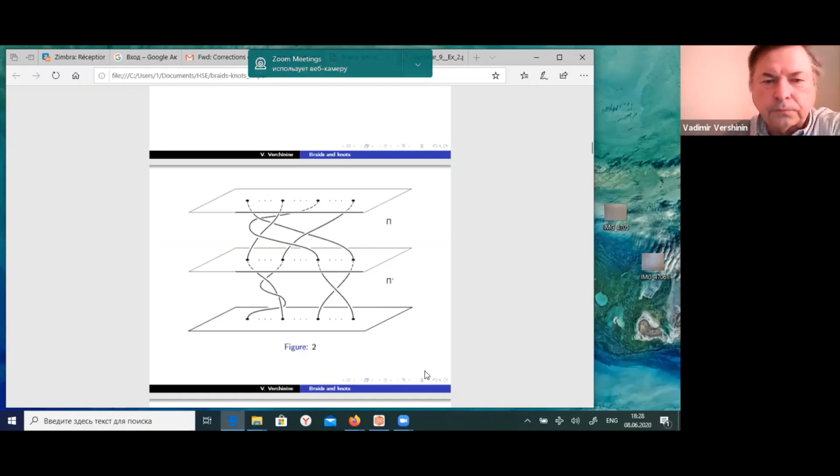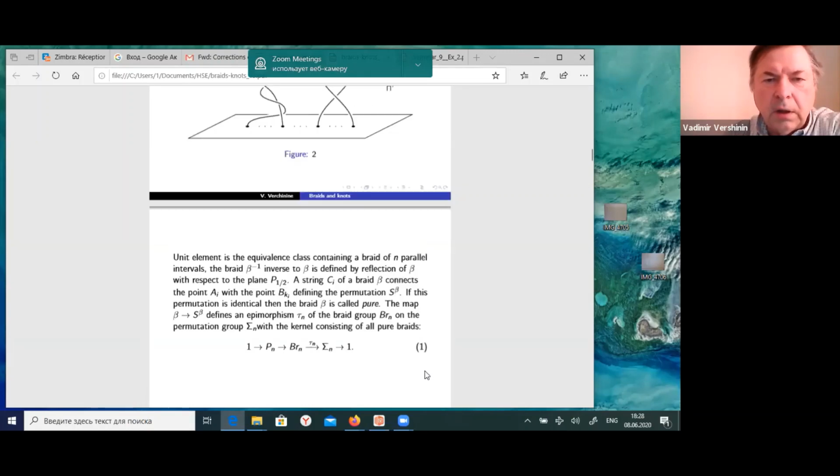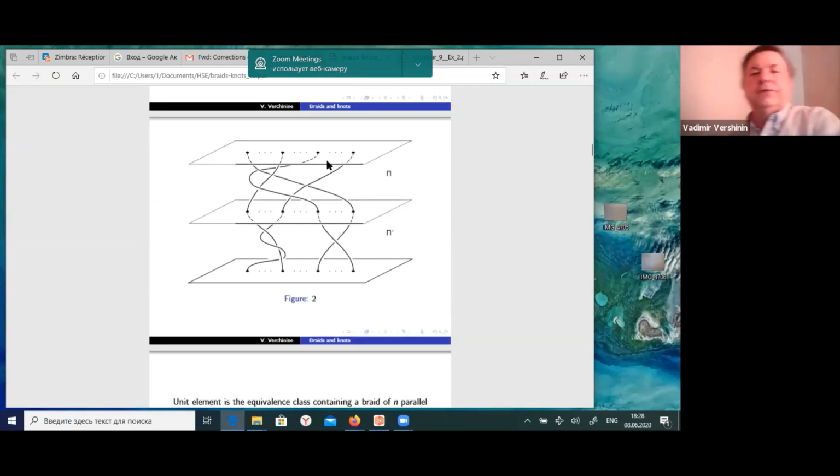So, of course, this gives a law of composition in this geometric braid.